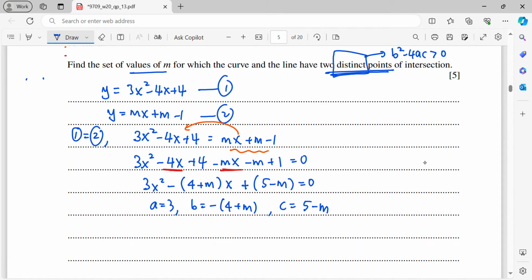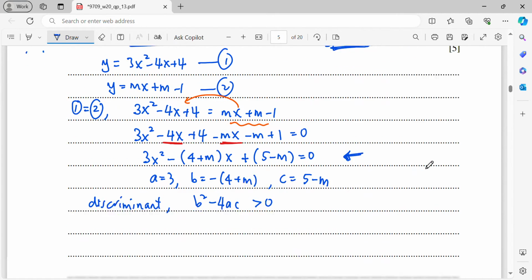So from here, write the discriminant. B squared minus 4ac will be greater than 0. Because it's mentioned in the question, two distinct points. That means when I solve this equation, if you are able to solve the x from this equation, that is the x coordinates of the intersection points, right?